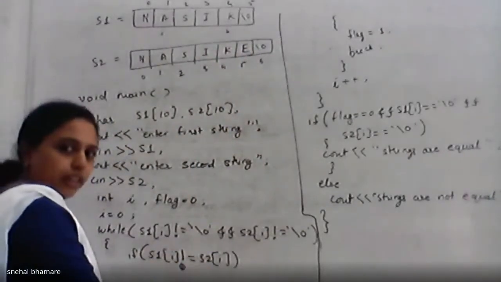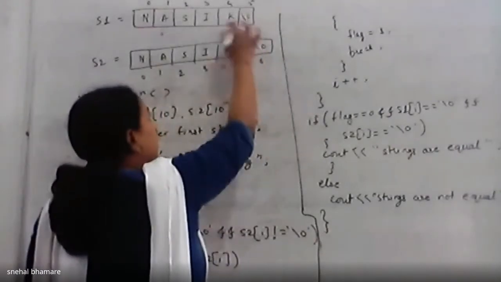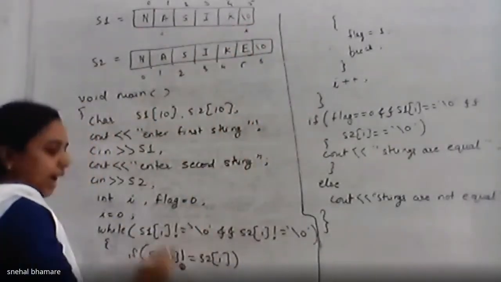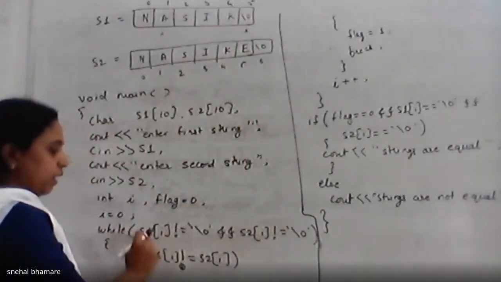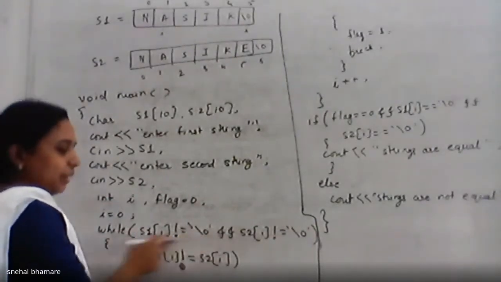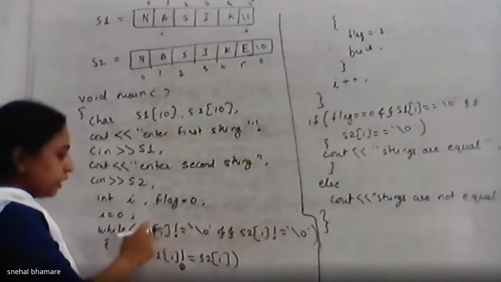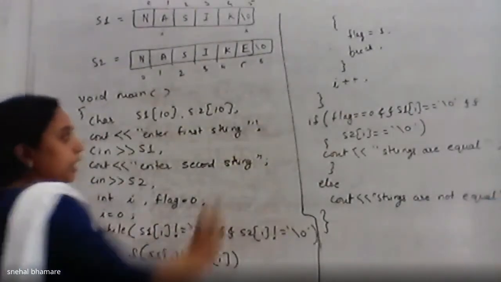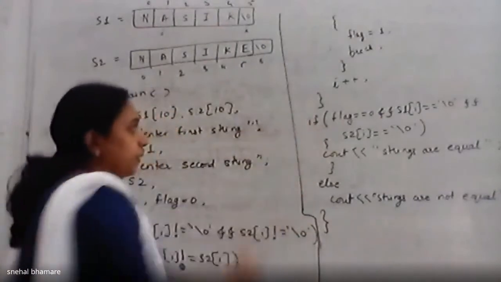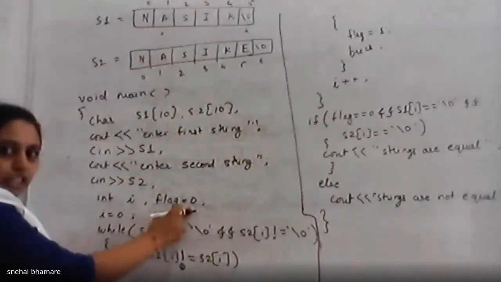So don't go in the if, it will just increment i. So i will come to the fifth location. But when i comes to the fifth location, the condition S1 of i not equal to slash 0 terminates because it has become slash 0, right? So it will not enter the while loop, it will come out of the while loop. Now check: flag equals 0. Yes, the flag value was initially 0.